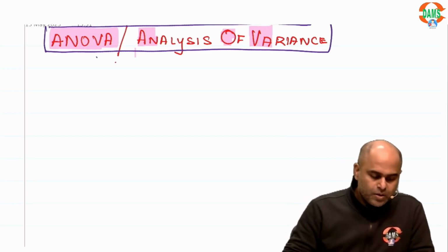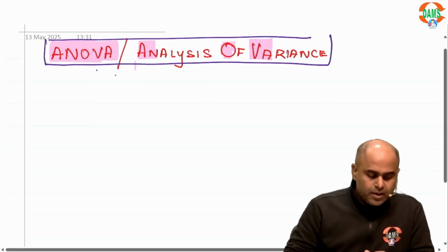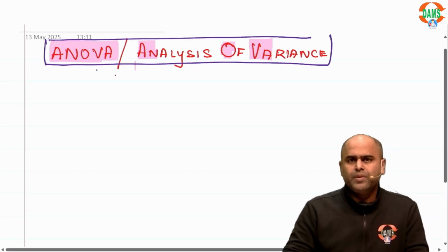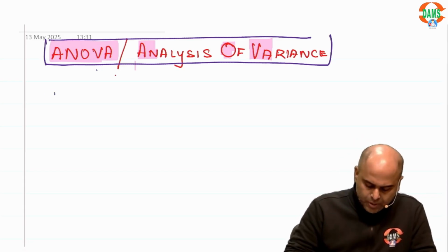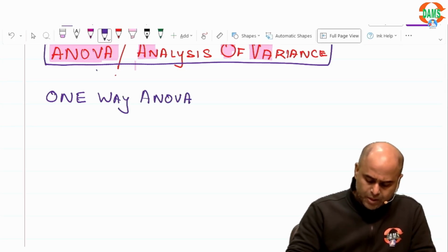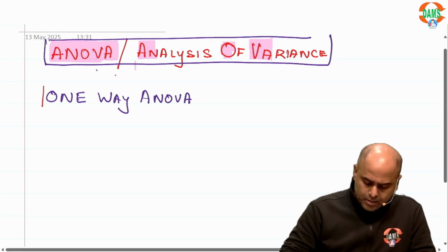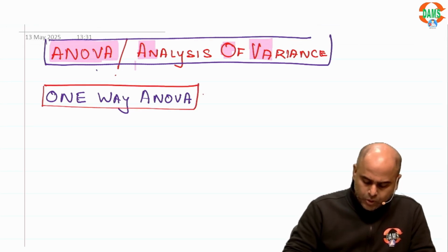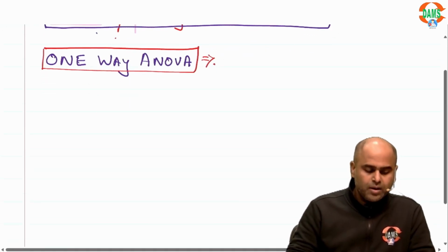Now guys, we have different types of ANOVA. We will first discuss one-way ANOVA. We also have something called MANOVA. So now we look into one-way ANOVA first.